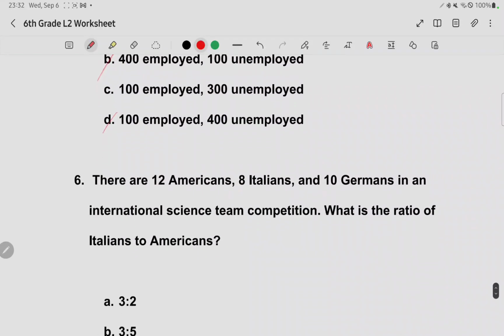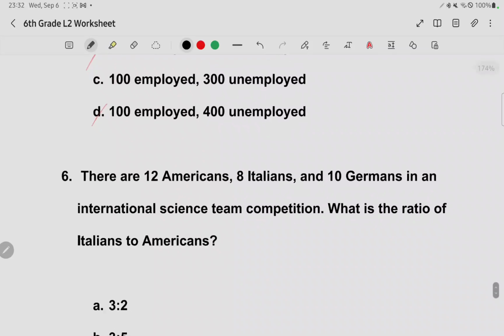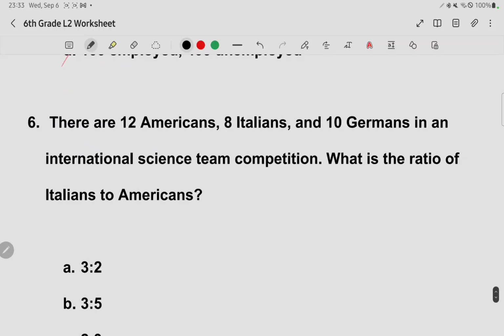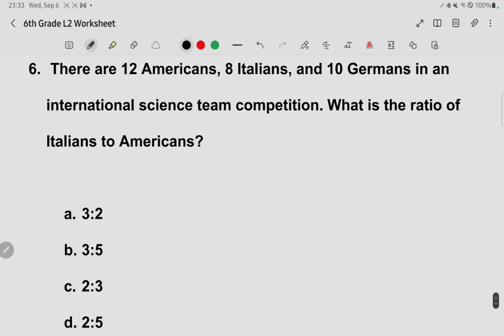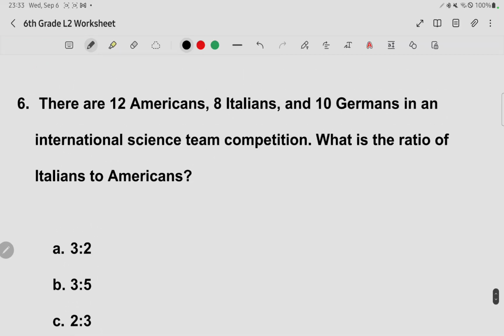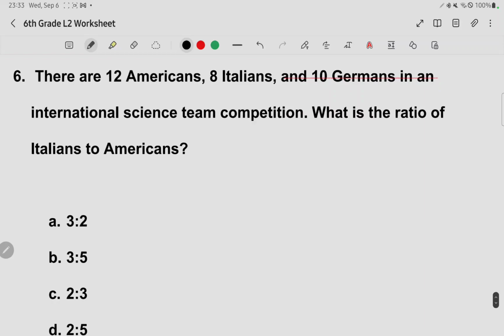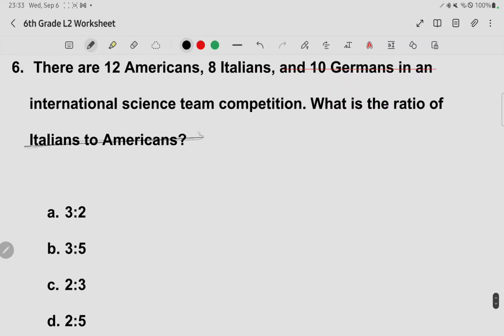Okay. Lastly, number 6. There are 12 Americans, 8 Italians, and 10 Germans in an international science team competition. What's the ratio of Italians to Americans? So, Germans, I'm sorry, but we don't need any information about Germans, because they're just asking for Italians to Americans.